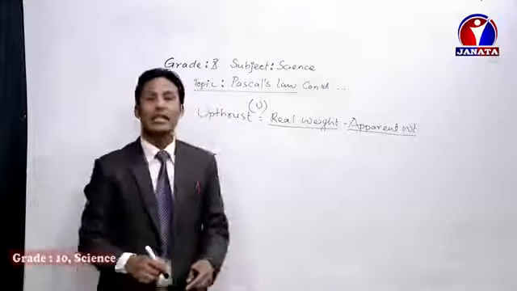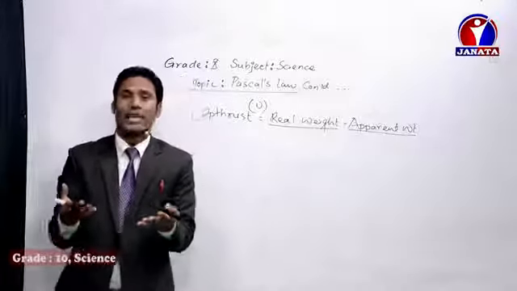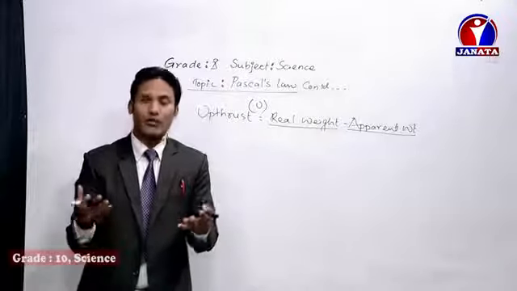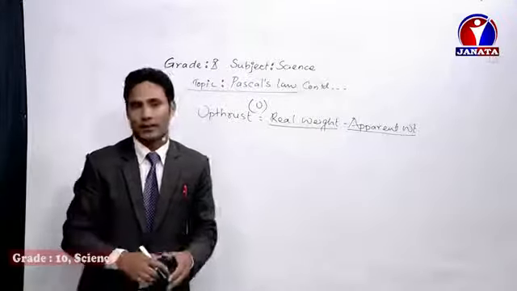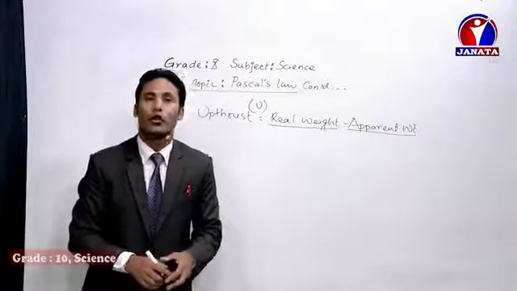So let's see the density. When you lift iron, we feel it heavy, right? And when you lift up wood, it will be lighter. That means density is the mass per unit volume.